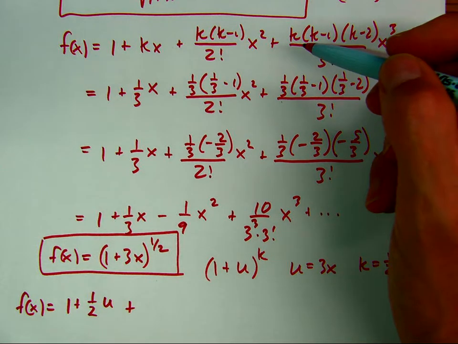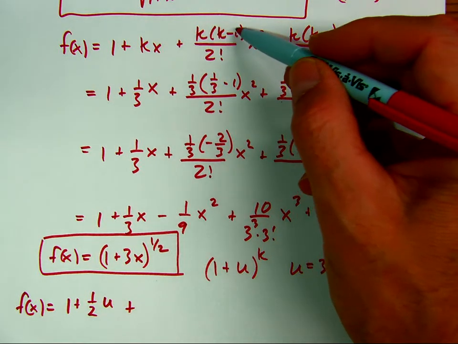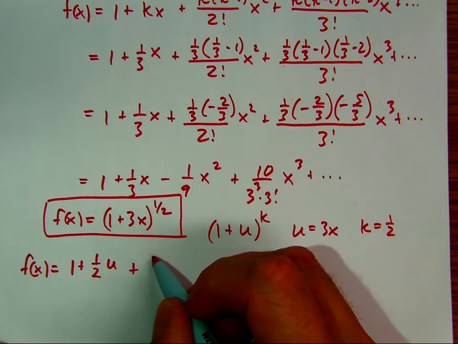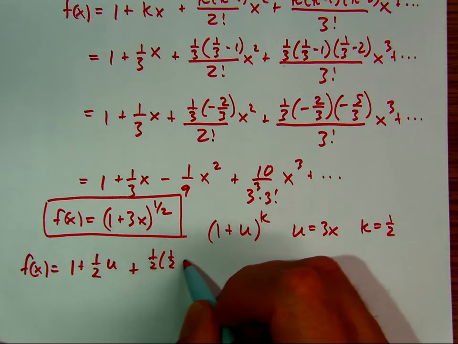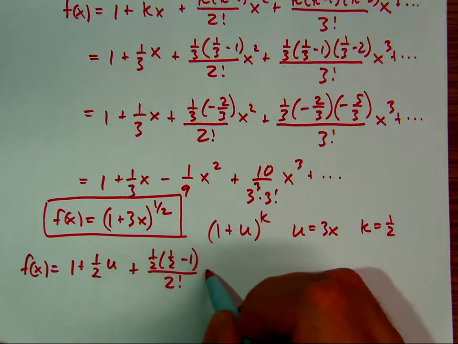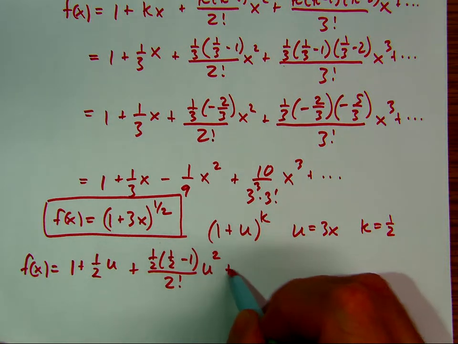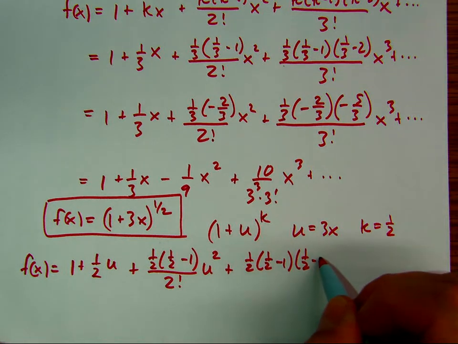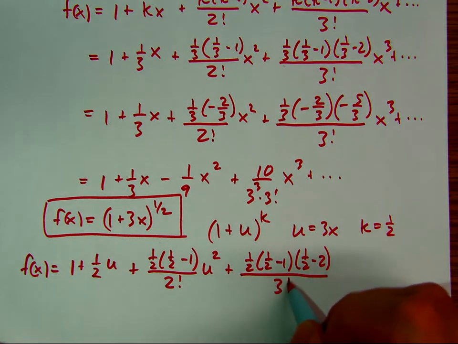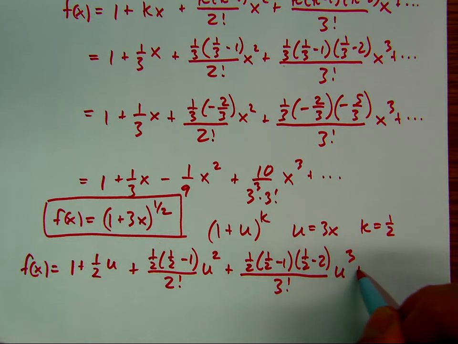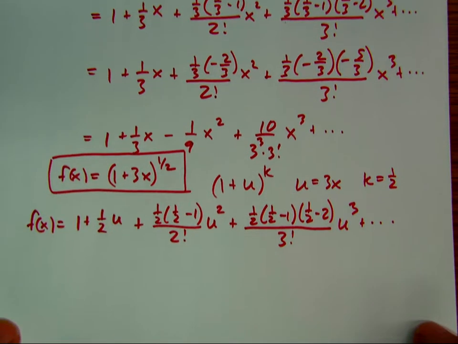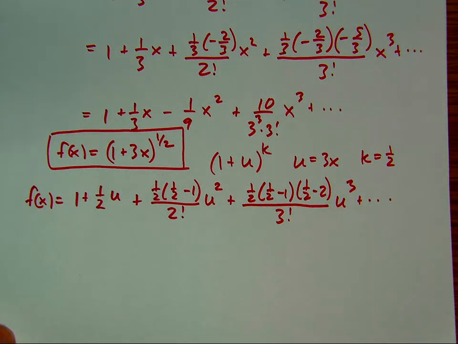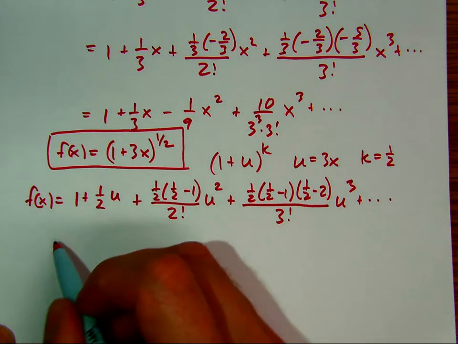And here we're going to have 1/2 minus 1, u squared. So we have 1/2 minus 1, u squared. We have 1/2 minus 1, 1/2 minus 2, over 3 factorial, u cubed. Then replace the u with 3x, and we can also simplify.